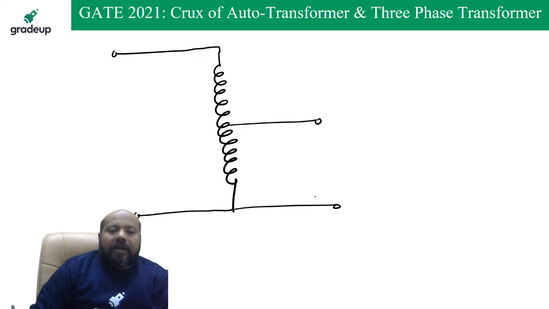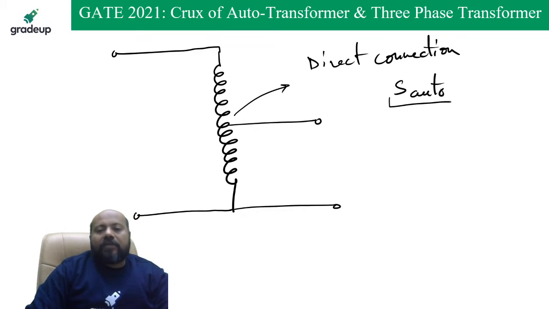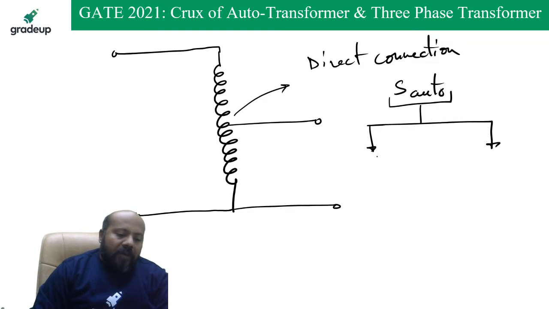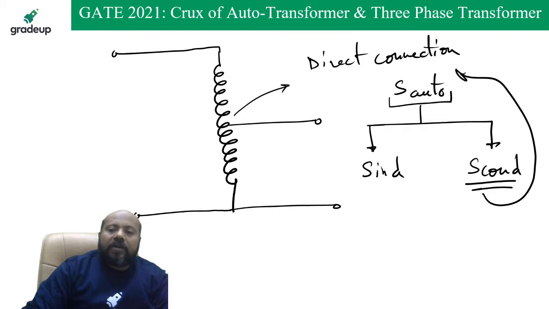And because of this direct connection, if the total power transformed by the auto transformer is S auto, then it is going to be made of two parts: inductively transformed power and conductively transformed power. Conductively transformed power is because of the direct connection between the two terminals, and inductively transformed power is because of the transformer action.